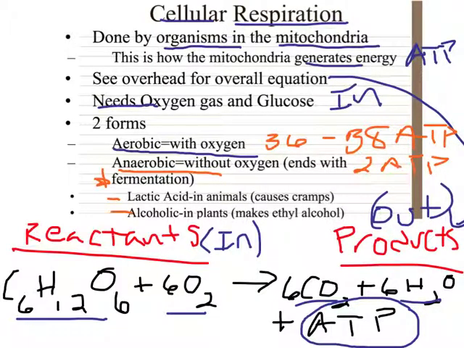Would you rather take your paycheck, your glucose, and get out of it $36 to $38, or would you rather take your paycheck, your glucose, and get $2 out of it? Obviously, aerobic respiration, where you get a bunch of ATP, is the one you want to do because it's the one that's going to be the most efficient. You're going to burn the glucose. You're going to use that burn to produce the most amount of ATP. So that's the one that most organisms choose to do.